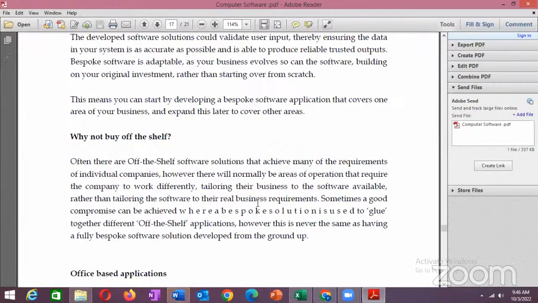Sometimes a good compromise can be achieved where a bespoke solution is used to glue together different off-the-shelf applications. However, this is never the same as having a fully bespoke software solution developed from the ground up.